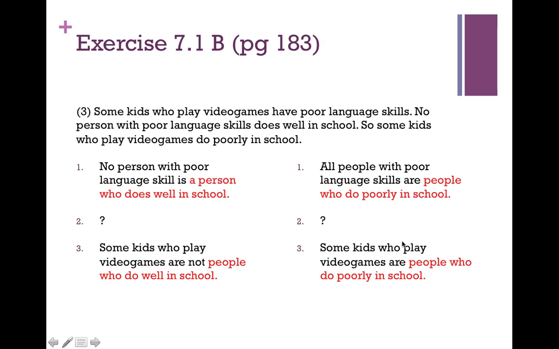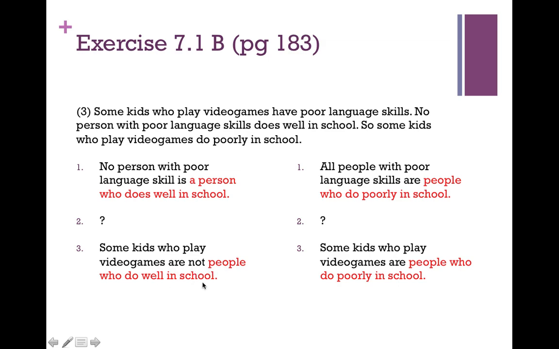The conclusion we started with was some kids who play video games are people who do poorly in school. But we could find the obverse of this. Instead of saying are, we change the quality to are not. And instead of saying people who do poorly, we say people who do well, which is what I did right here. Some kids who play video games are not people who do well in school.